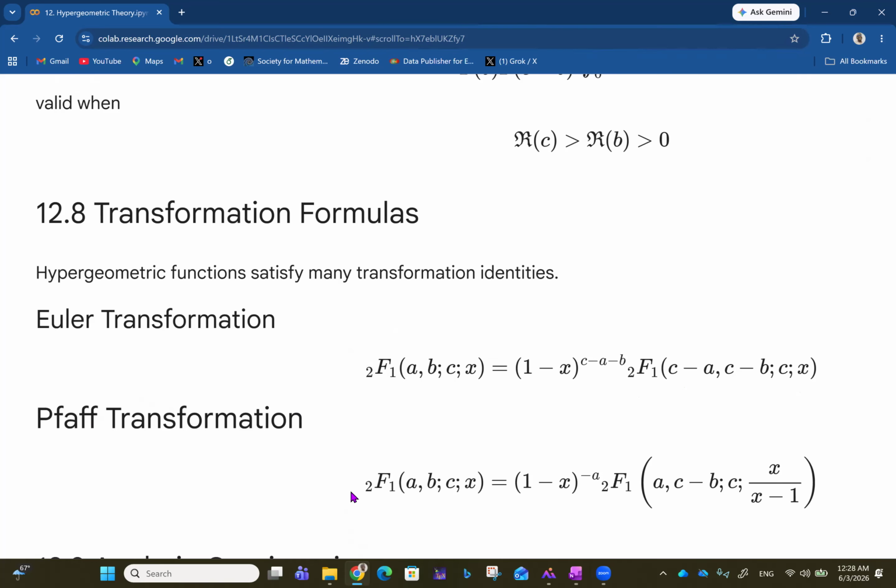Then we have the Pfaff transformation, which is 2F1 of a, b; c; x, which is equal to 1 minus x raised to minus a times 2F1 of a, c minus b; c; x over x minus 1. So these are some transformation formulas as far as hypergeometric functions are concerned.